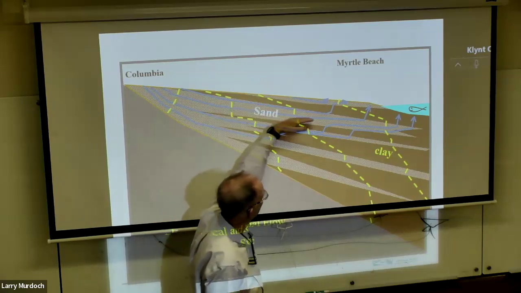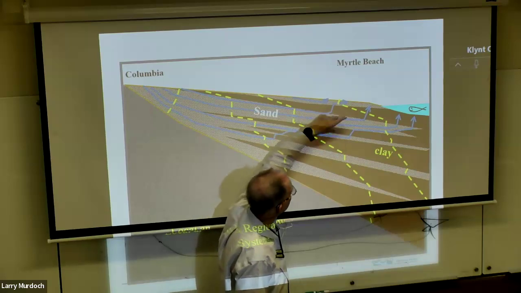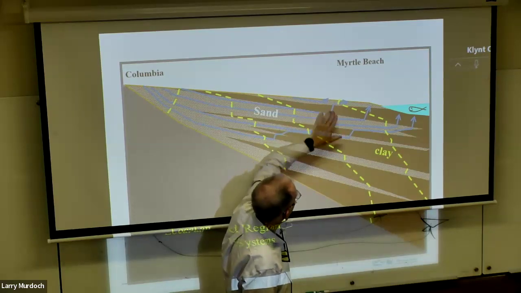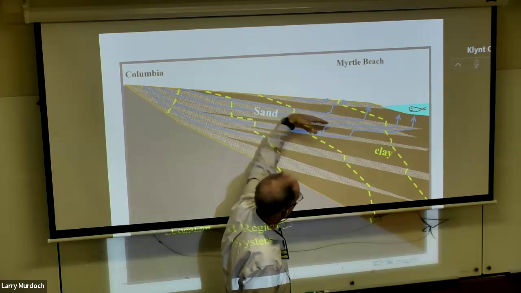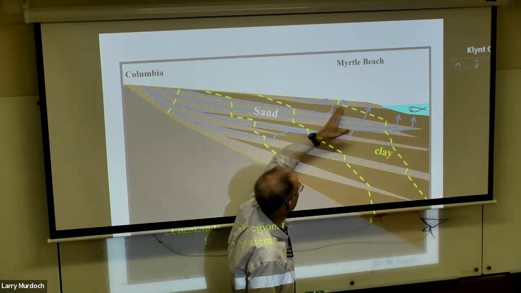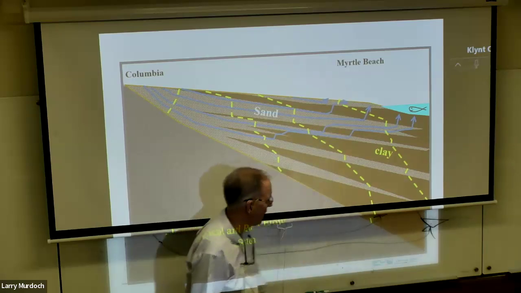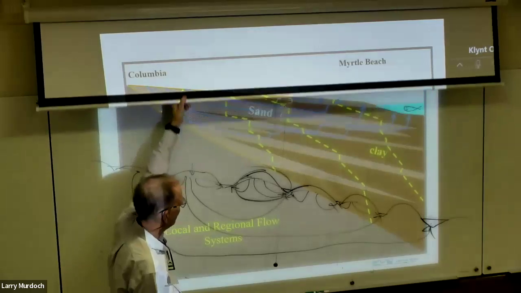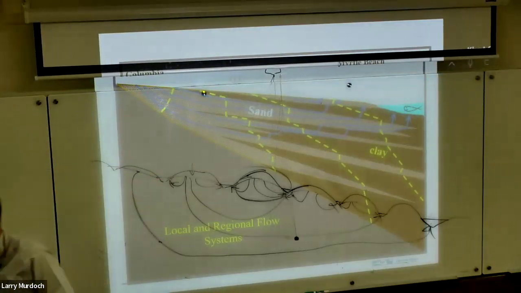So it continues further on down. You need a bigger head difference to get across this layer, and that causes the flow system to expand and get to be larger before it comes up through the confinement. Okay, so the layering in the coastal plain promotes the development of these regional flow systems.